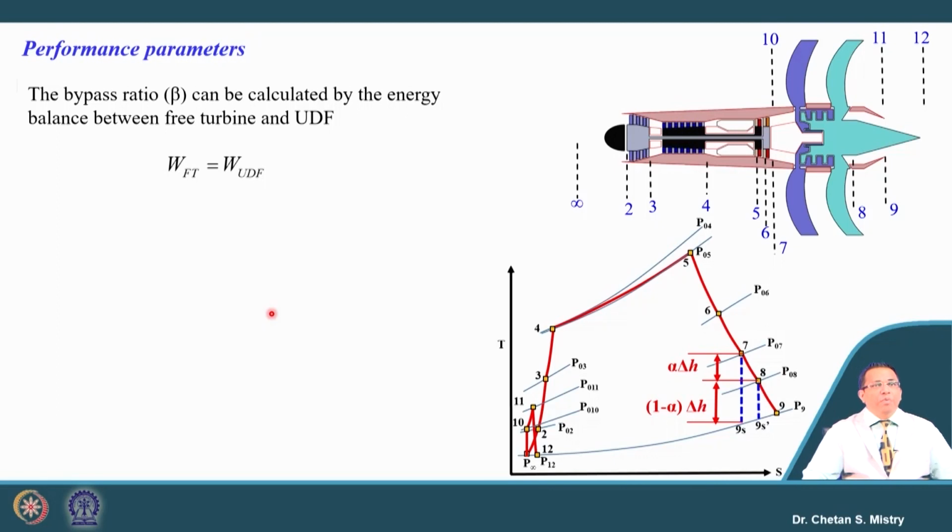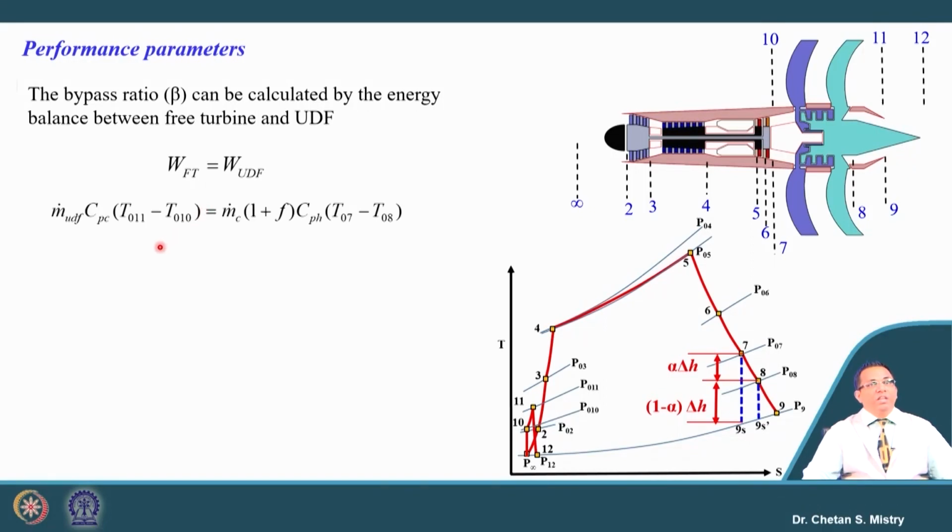Now, a very important parameter to be known to us is the bypass ratio of the engine. Maybe in the initial stage we have information about the bypass ratio; if it is not known to us, we need to calculate it, and we can calculate it by correlating our free turbine work with the work required to rotate the unducted fan.